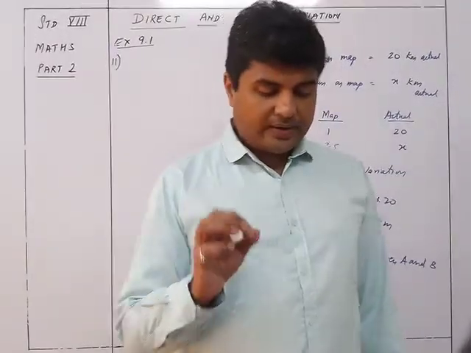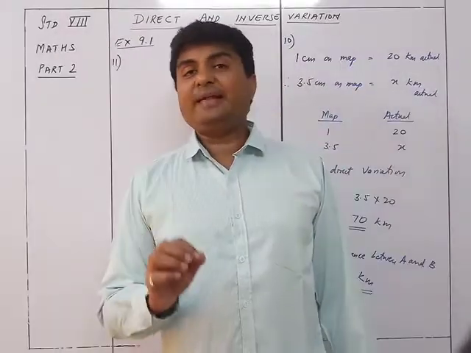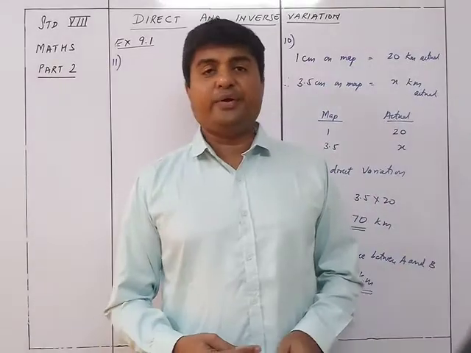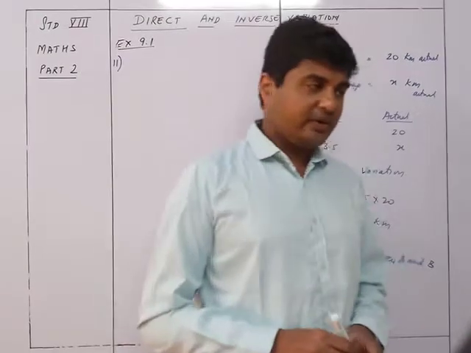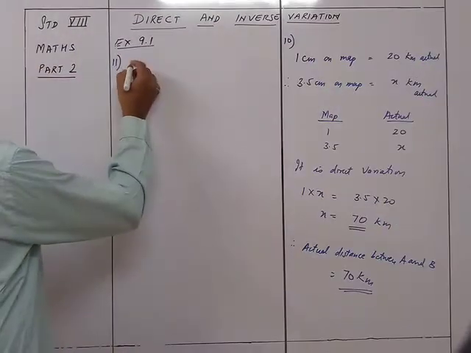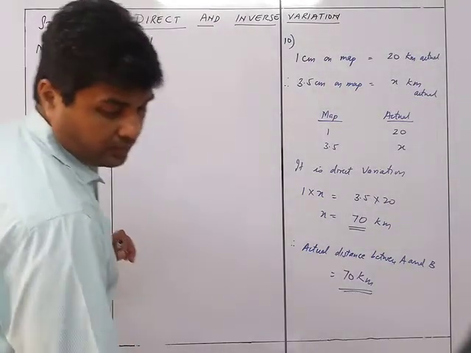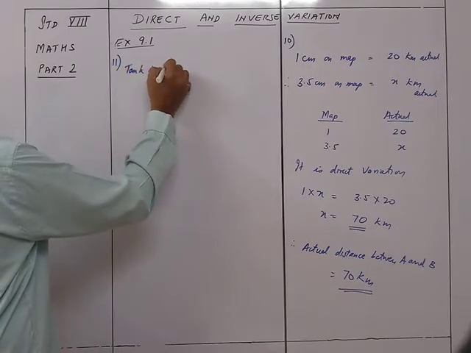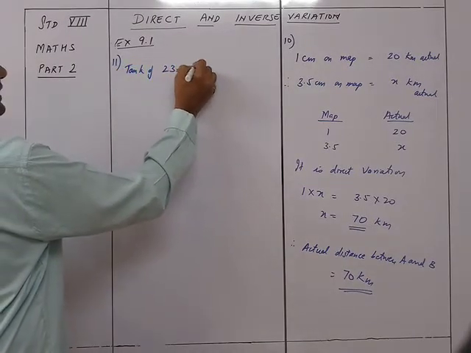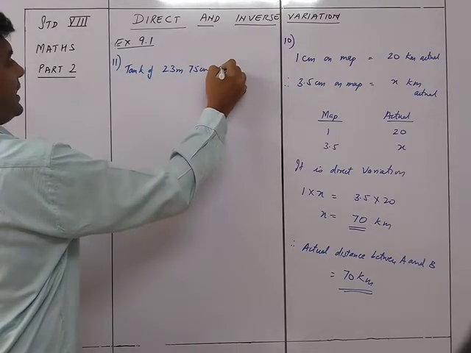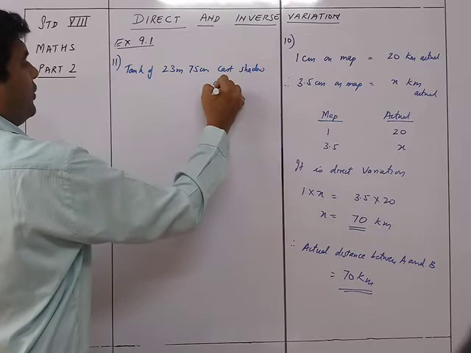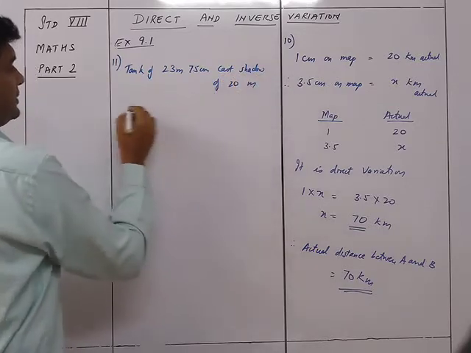What is given is that a tank of 23 meters 75 centimeters casts a shadow of 20 meters.